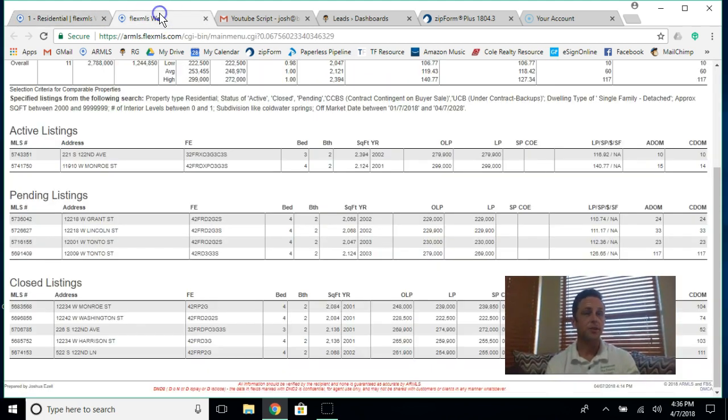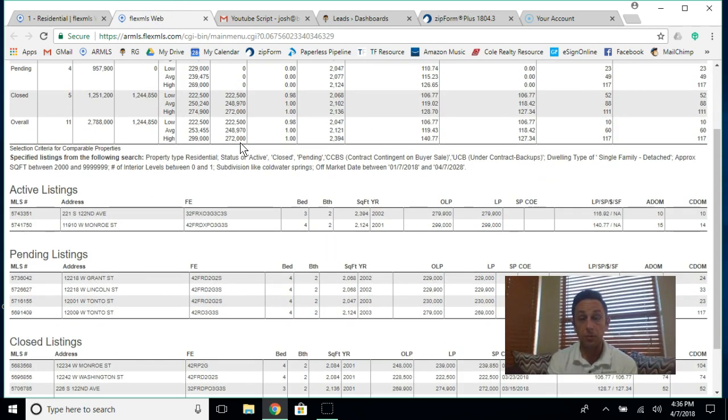So, when we come back to the CMA, final thing being, if it was me listing it, I would have listed a little bit higher. Not knowing the seller's story, I would have tried to get them a little more, actually. If it were me putting in an offer, the $279,900 is a fair price.